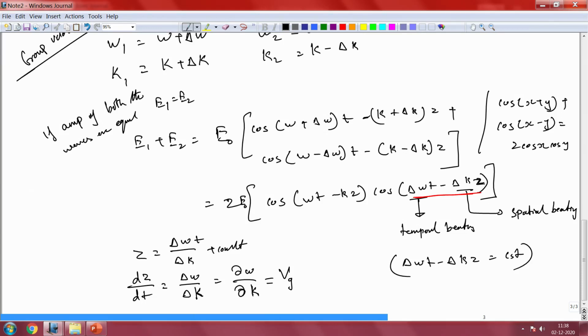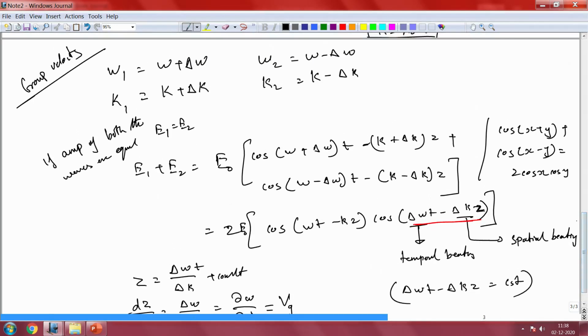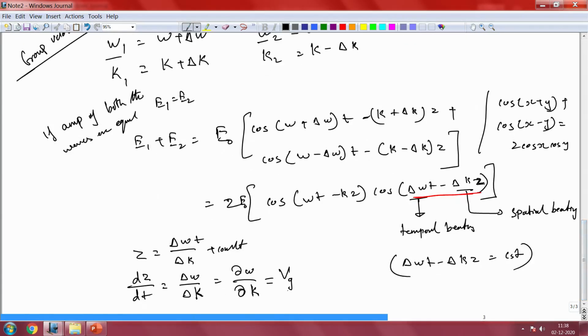So you see, when you have a group of waves or pulses traveling, it's no longer a single frequency that dictates the speed at which the wave is moving. Now it is the bunch of frequencies, the spread, that moves together. In that case, you have a group velocity instead of phase velocity.